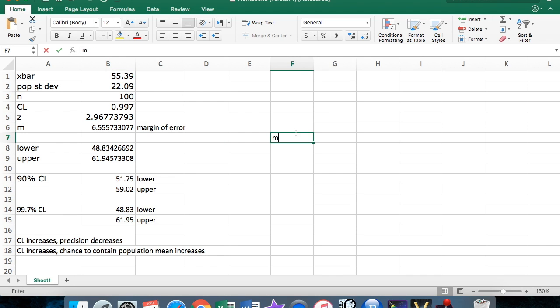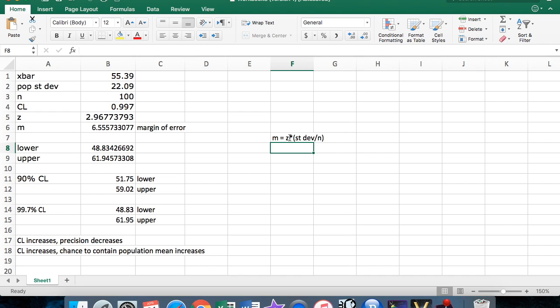The margin of error m is equal to my z-score times my standard deviation divided by the square root of my sample size n. So what ways can we make m smaller?